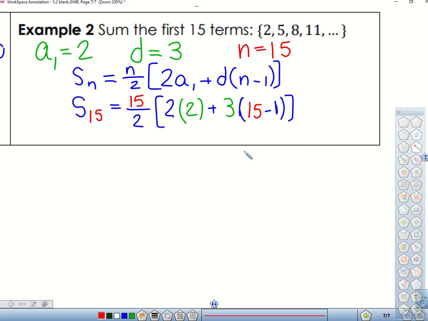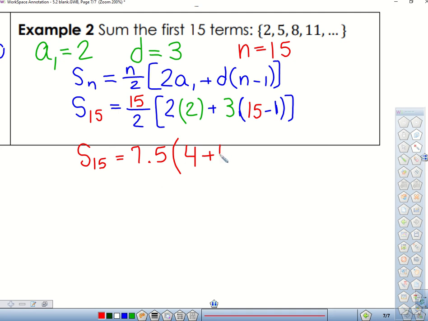Okay, so this is actually an infinite sequence, but we're not using it infinitely, we're just finding the sum of the first 15 terms. So let's go ahead and find it by doing algebra here. So the sum of the first 15 terms is equal to 7.5 times 4 plus, I think it's 42.